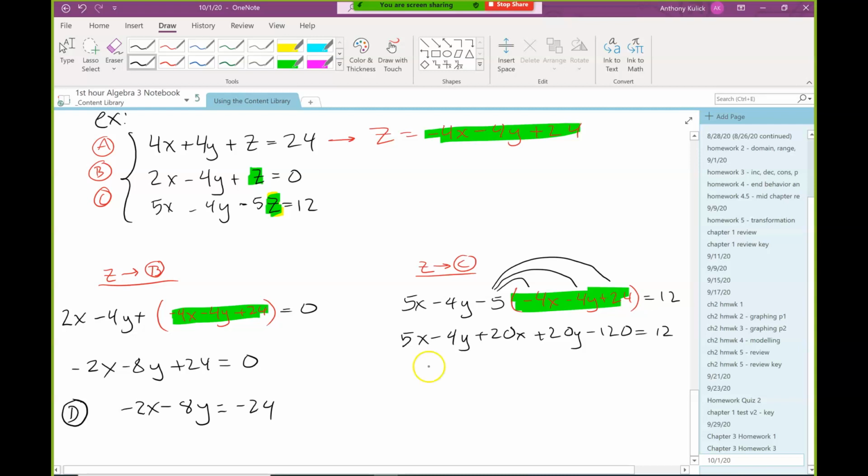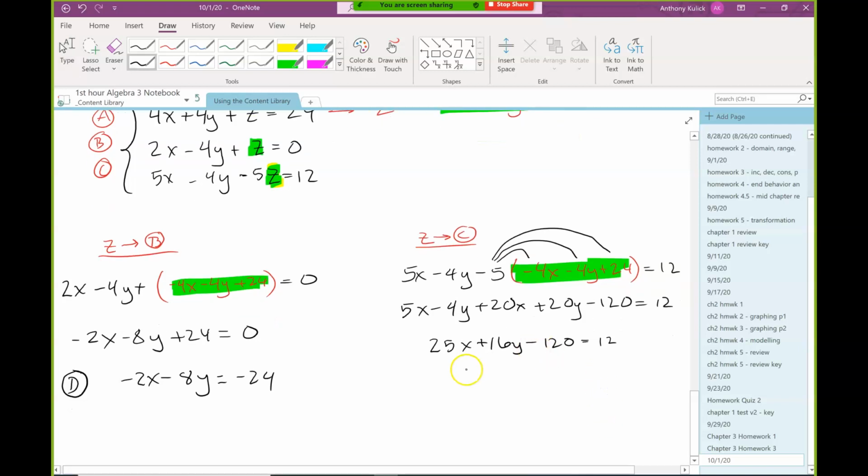And then if I combine my like terms, 5x and 20x is 25x. Negative 4y and positive 20y is positive 16y. Then I still have the negative 120, and it still equals 12. I'm then going to add 120 to both sides to move that over to the other side. And this is what I'm going to refer to as equation E.